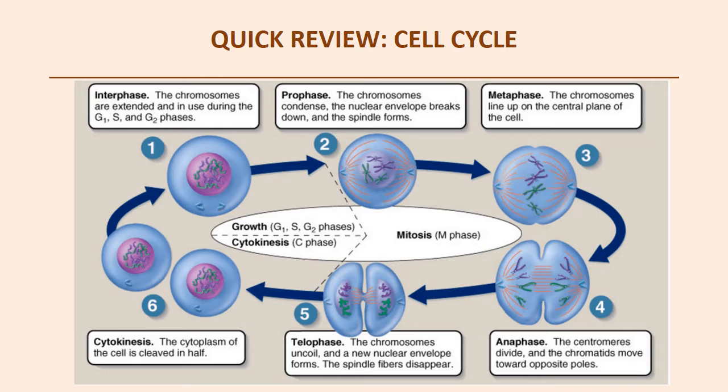Now, all cell cycles will start with interphase. And interphase is sort of like the day-to-day activity of the cell. This is when the cell will have a nucleus that's fully intact. Under the microscope, it will look nothing really exciting. But inside the nucleus, what we see is that the DNA is uncoiled and loose.